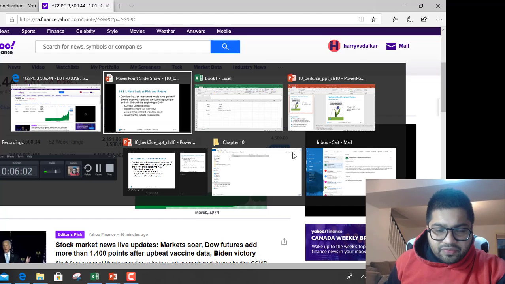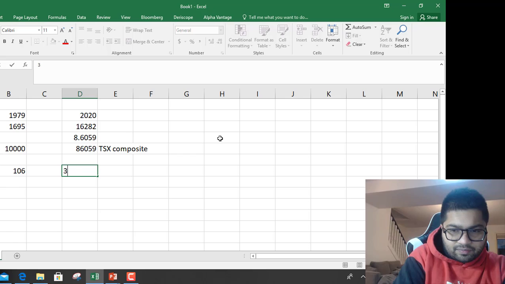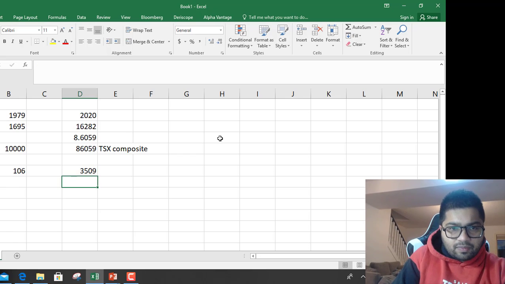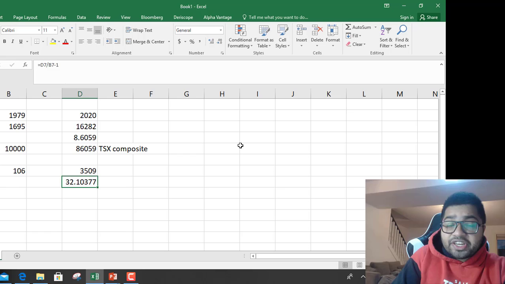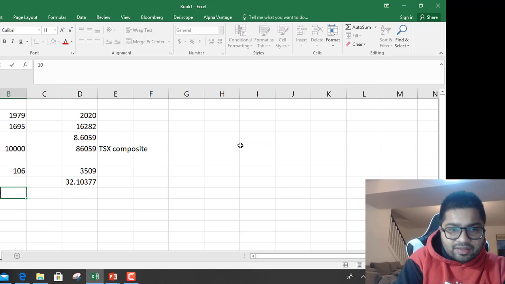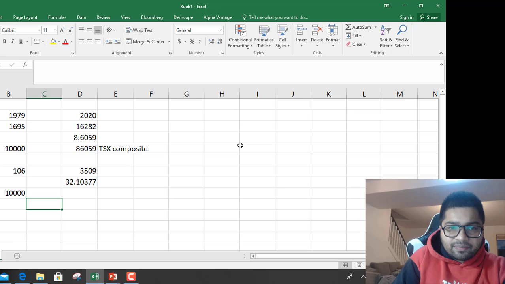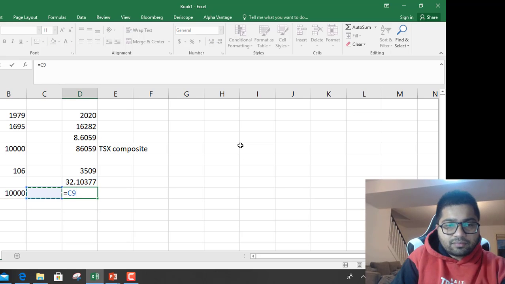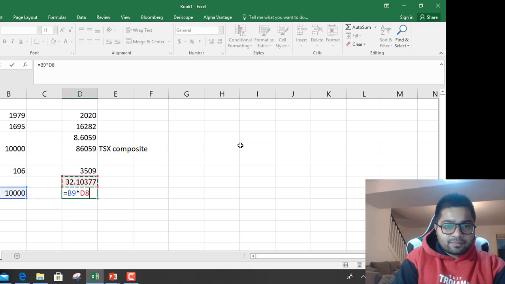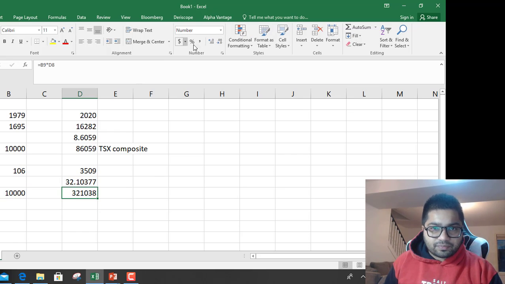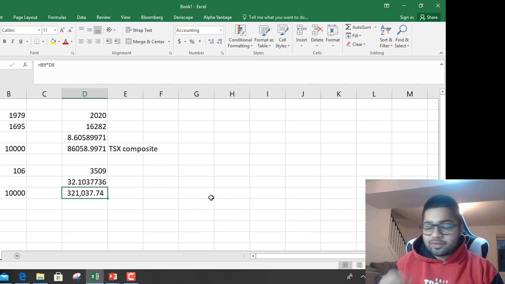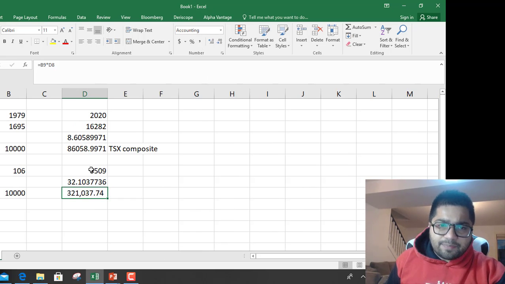Right now it is 3509. So how much has it grown by? 32 times. So if you invested $10,000 in 1979, that would be $321,000 today. So it's a big difference between the TSX 60 and the S&P 500.